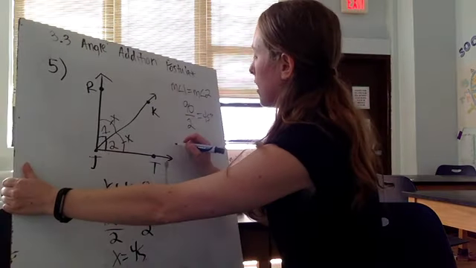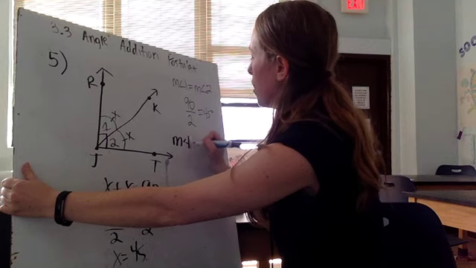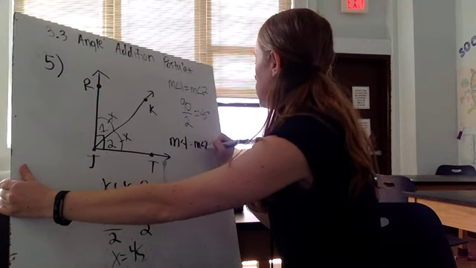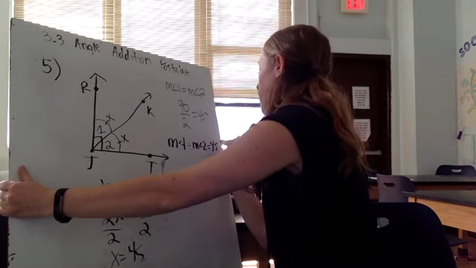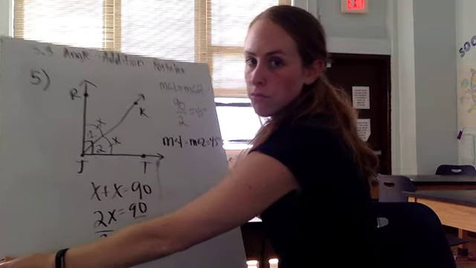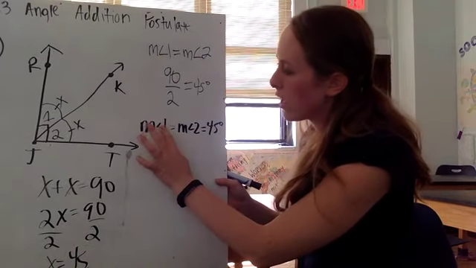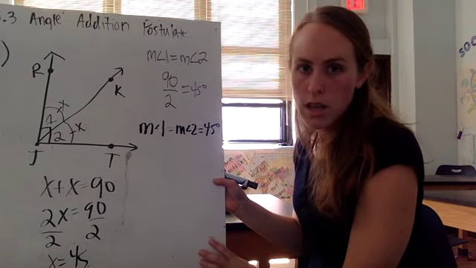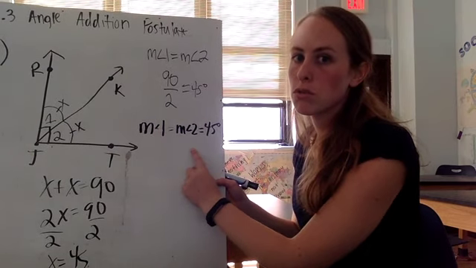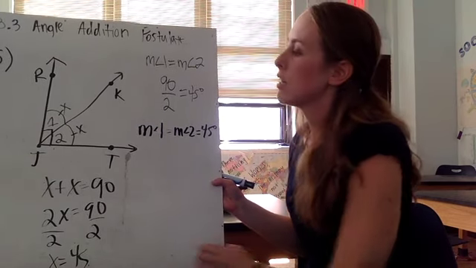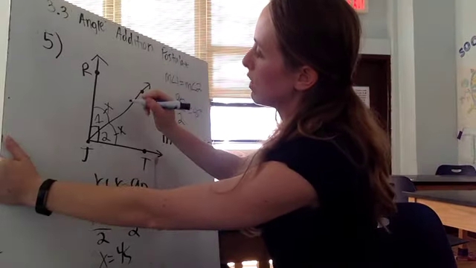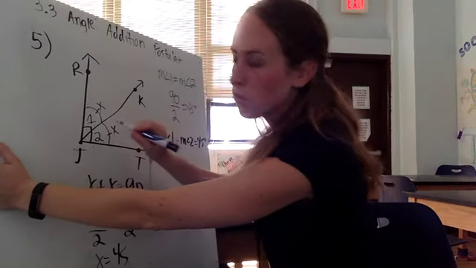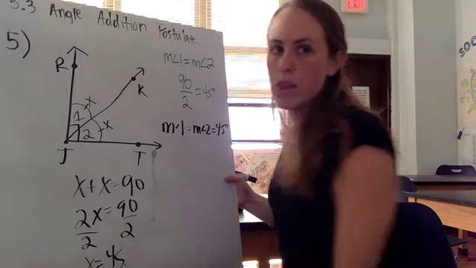So let's go back and say our answer: the measure of angle 1 has to equal the measure of angle 2, which has to equal 45 degrees. And you can look at the picture and see that this makes sense. If this is 45 and this is 45, together they have to equal 90.